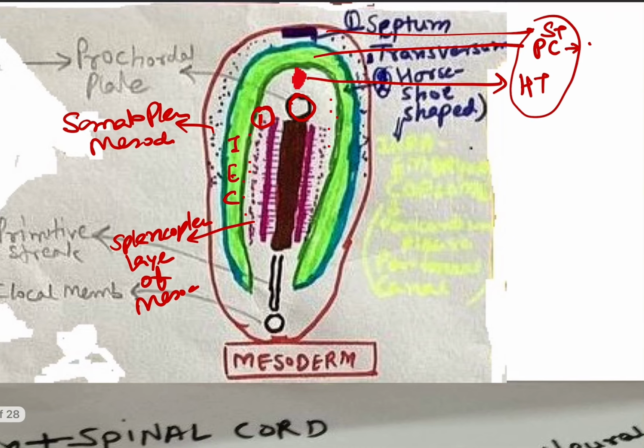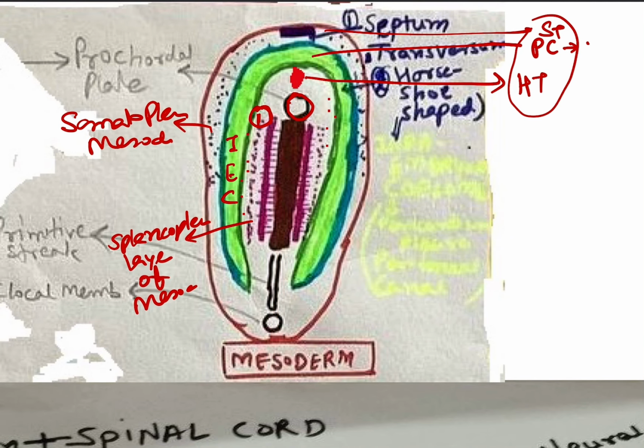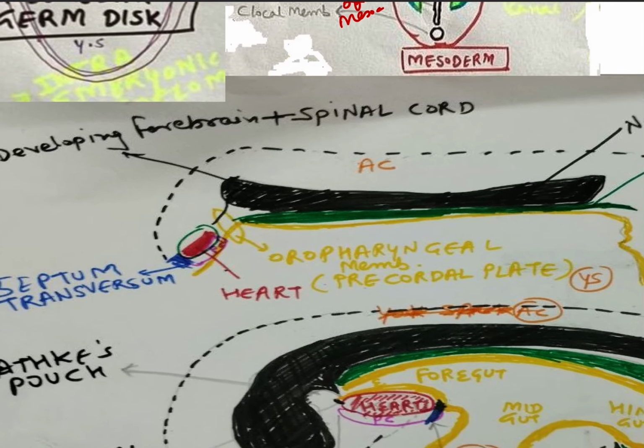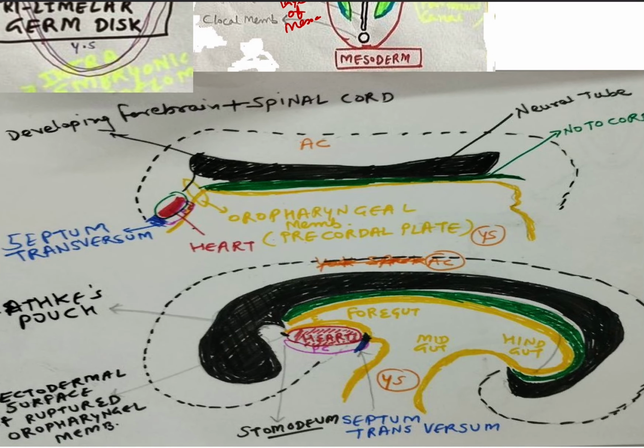If I take a cut section from here like this, then you will see the septum transversum, the pericardial cavity and heart tube at the cranial-most part, then the buccopharyngeal membrane. So here are these three structures which I just explained. Cranial-most is the septum transversum first, and this is our buccopharyngeal membrane. Cranial to the buccopharyngeal membrane is the heart tube with the pericardial cavity. This is the pericardial cavity.